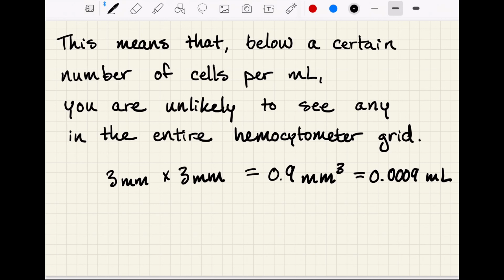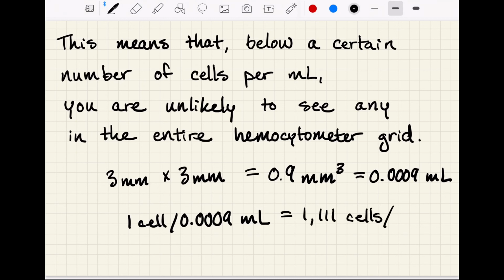If we think about 1 cell in that volume, that would work out to 1,111 cells per mil.